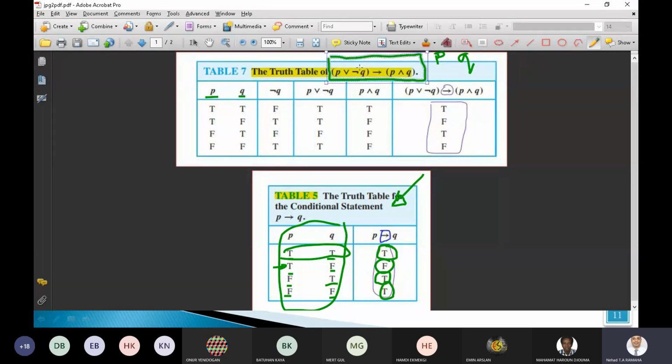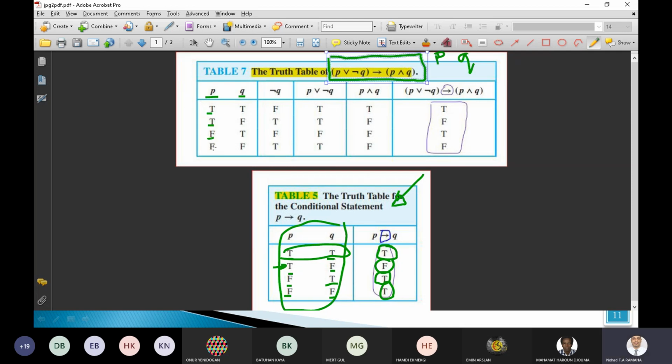This not Q comes from Q. All the propositions that I have in this compound proposition depend on P and Q. Okay, then what are the possibilities?